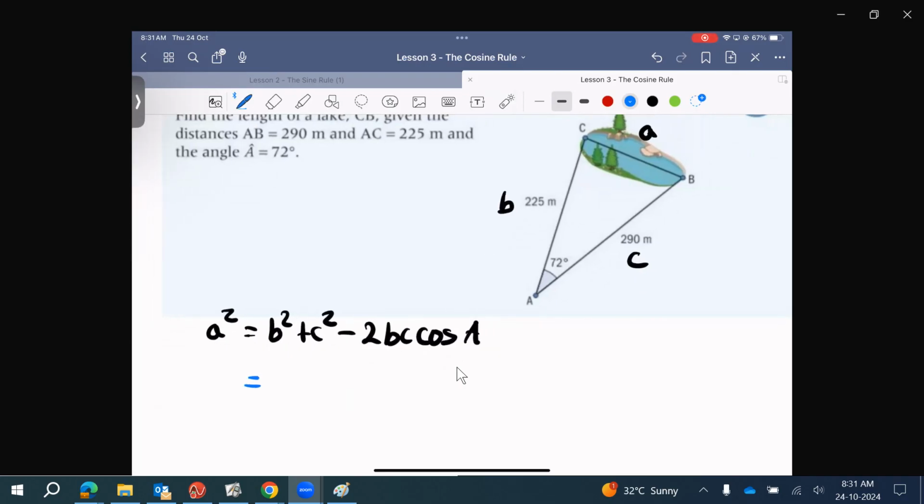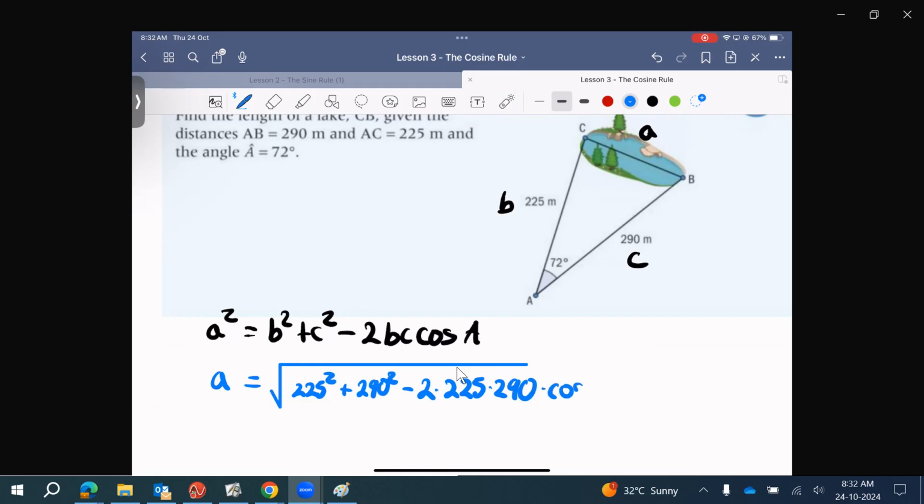We've got a is equal to the square root of 225 squared plus 290 squared minus 2 times 225 times 290 times the cosine of 72. Pop that all into your calculator. What answer do we get?